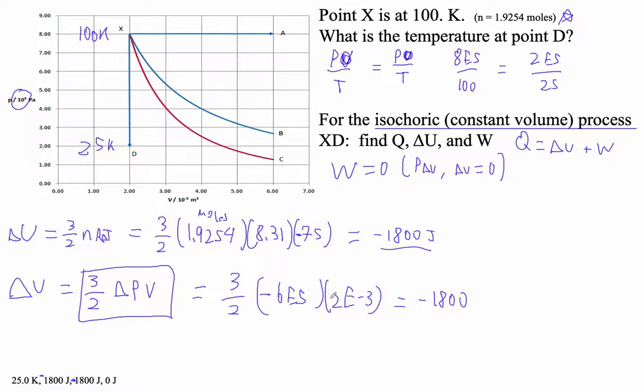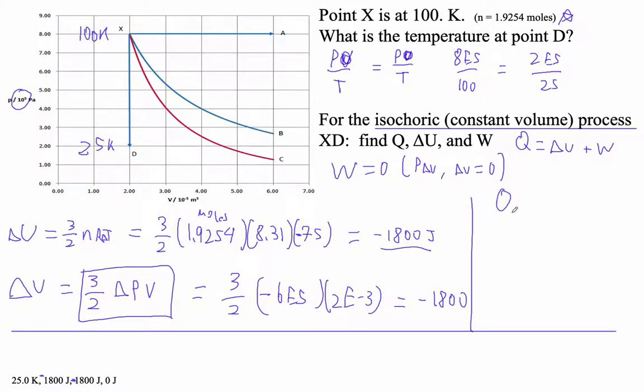Okay. So now what do we have? Q is delta U plus work, right? The work is 0. Our delta U is negative 1800.